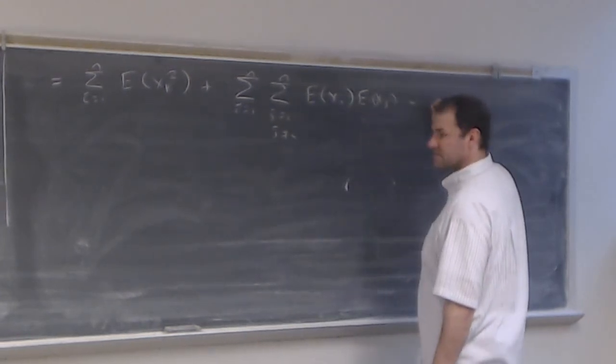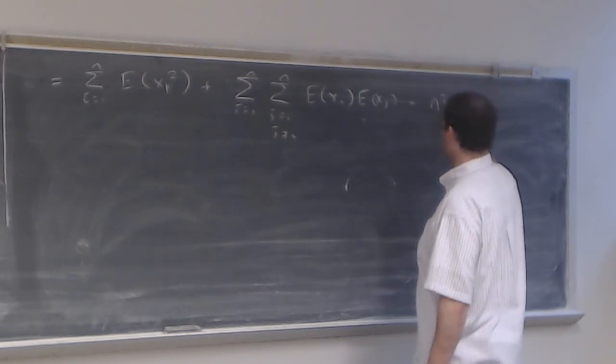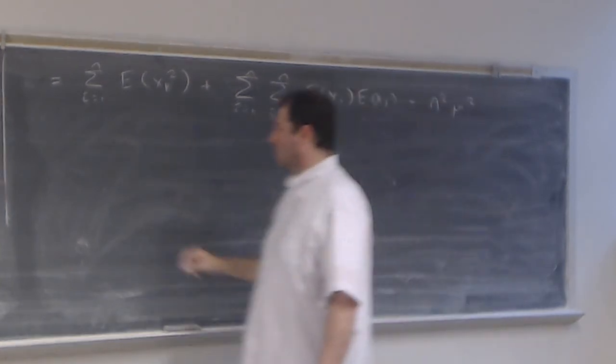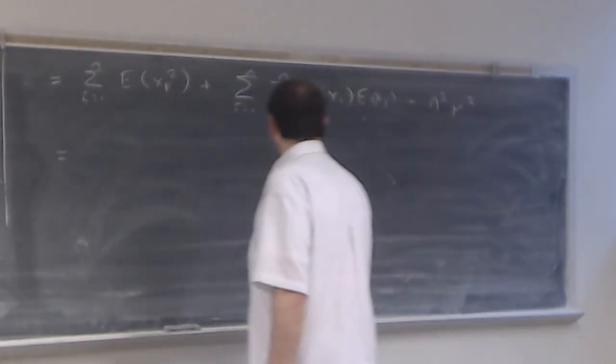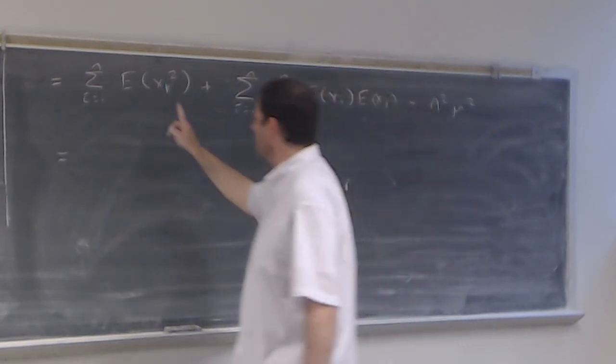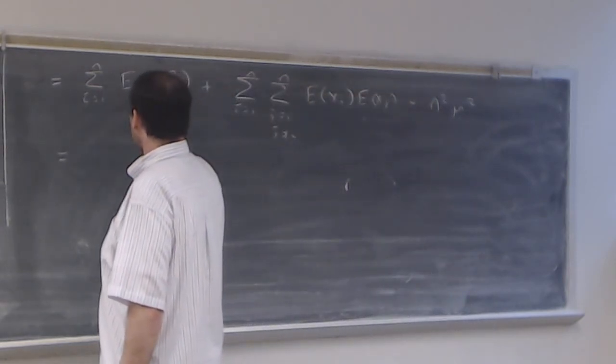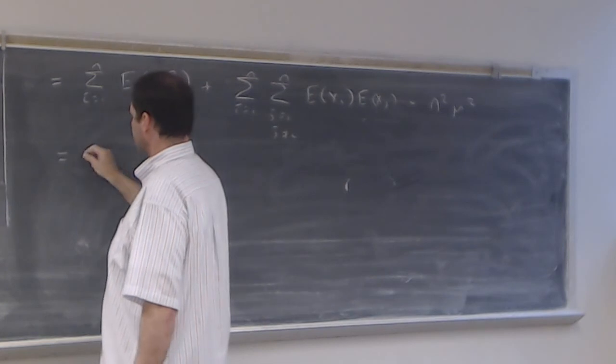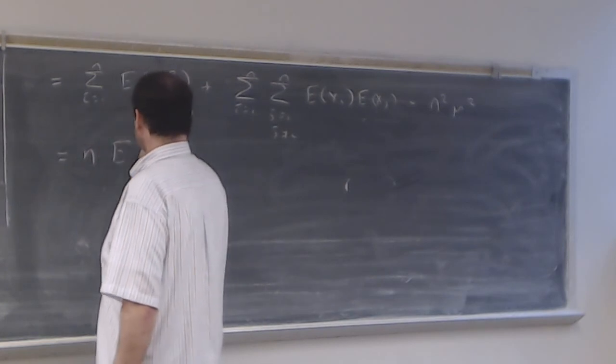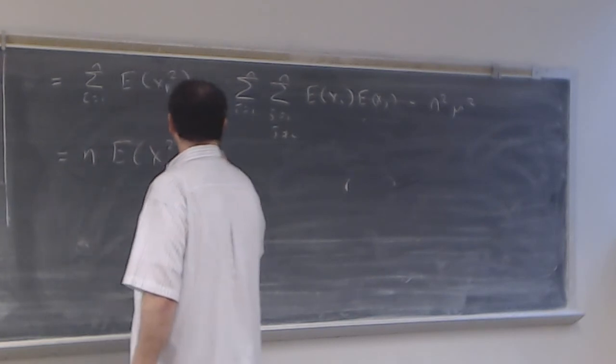And then this minus, we got n squared mu squared. Okay. So here we're having the same thing summed up a bunch of times. So that's n times the expected value of X_1 squared.